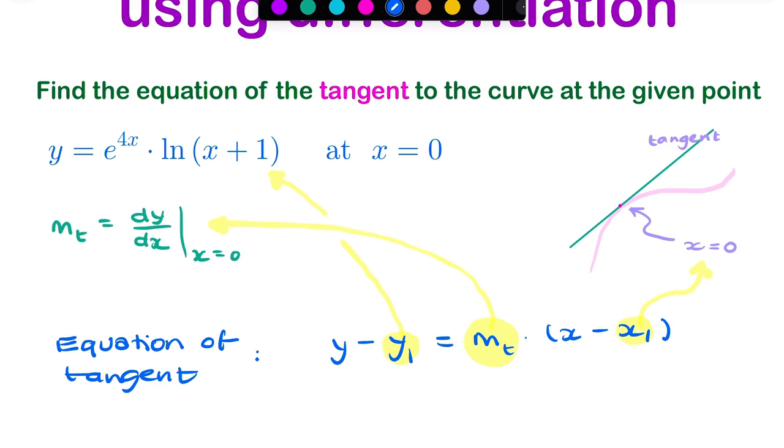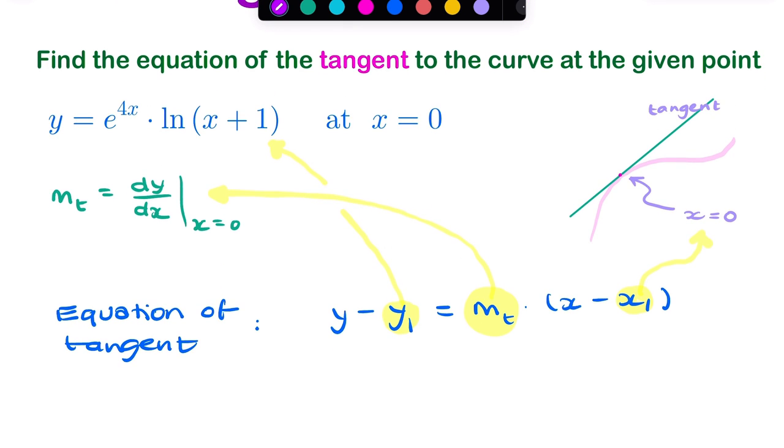So let's start by finding y1. We can say y1 equals e to the power 4x times ln(x plus 1), where x is 0.